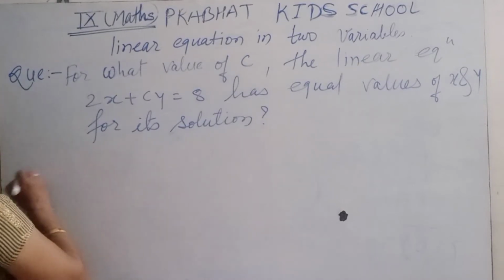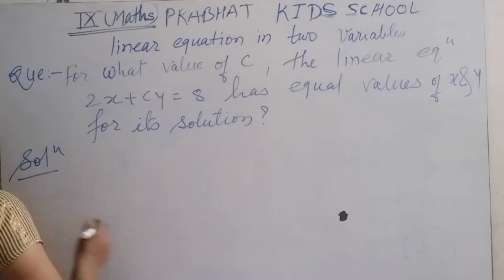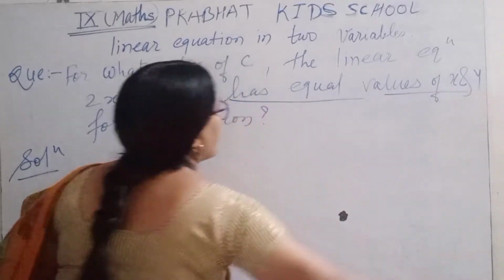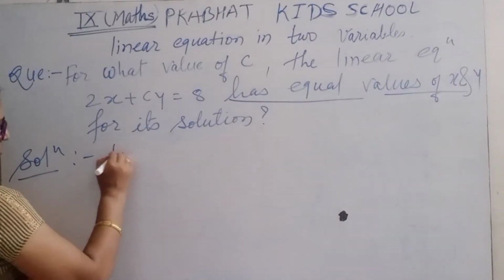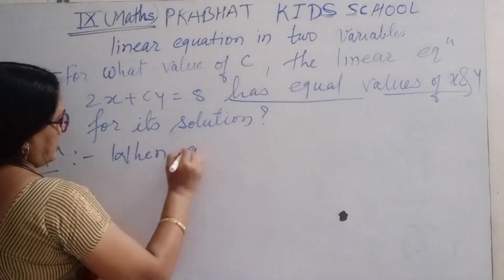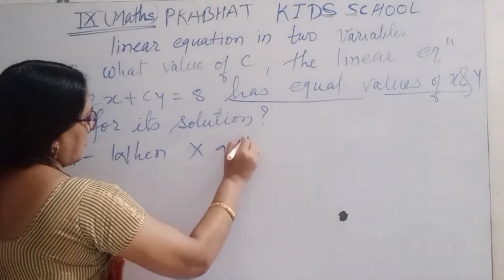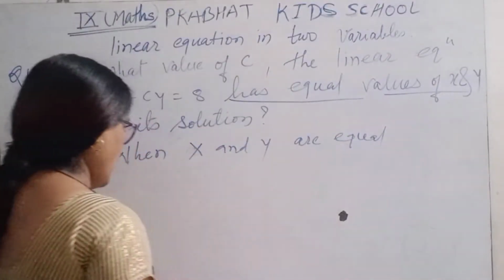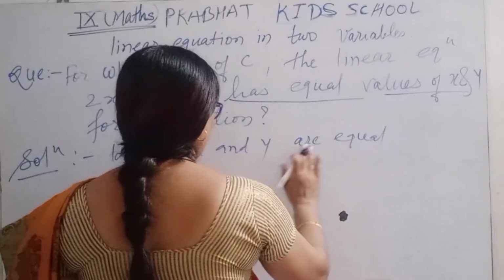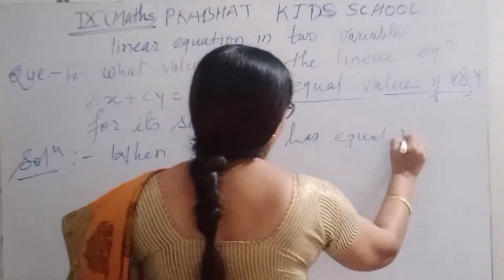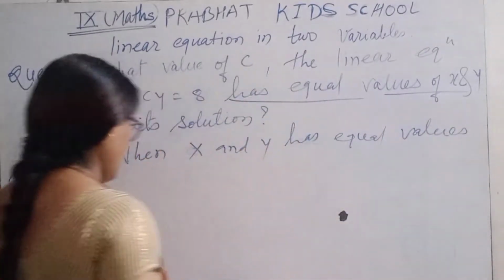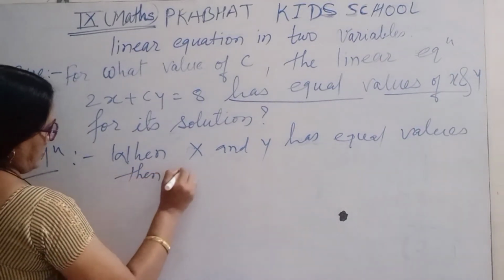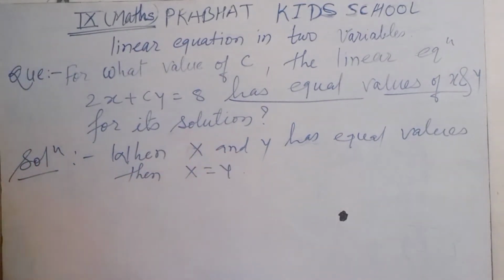When x and y have equal values, then x is equal to y, isn't it?